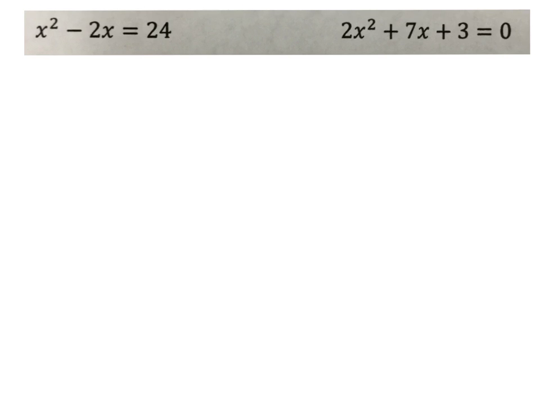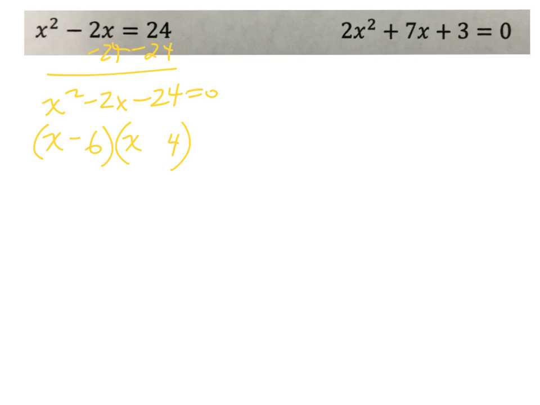I'm going to work rather quickly through this next problem. X squared minus 2x equals 24. Again, subtract 24 from both sides to start, and I get x squared minus 2x minus 24 equals 0. And then when I factor this, what factors of 24 add up to 2? How about 6 and 4?